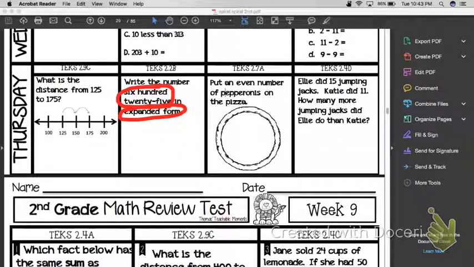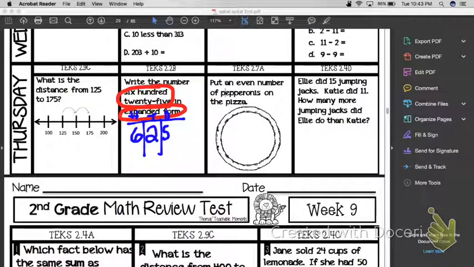standard form first. My first part is 600, so I'm going to write a 6. My second number is 25. So that's the number 625. Now I'm going to put it in a place value house.